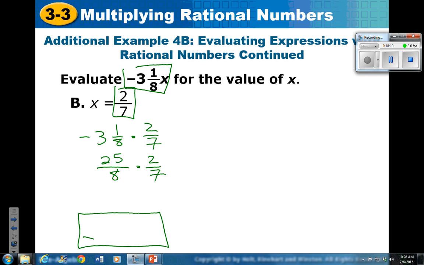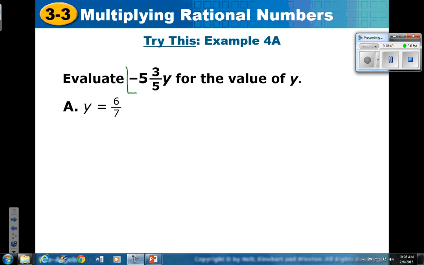We do have something we can cancel this time. 2 and 8 share a common factor of 2. 2 divided by 2 is 1. 8 divided by 2 is 4. Now we go ahead and multiply, and we get 25 over 28, which cannot be simplified. We remember that our answer is supposed to be negative, so it's negative 25 over 28.